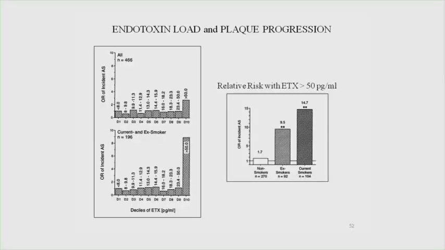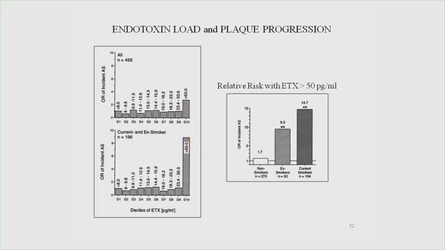Now, here we're going to divide the individuals into terciles of endotoxin load. Those in the upper tercile for endotoxin were at increased risk of developing new atherosclerosis. The risk was present in all of the subjects, but it was much greater in current and ex-smokers.